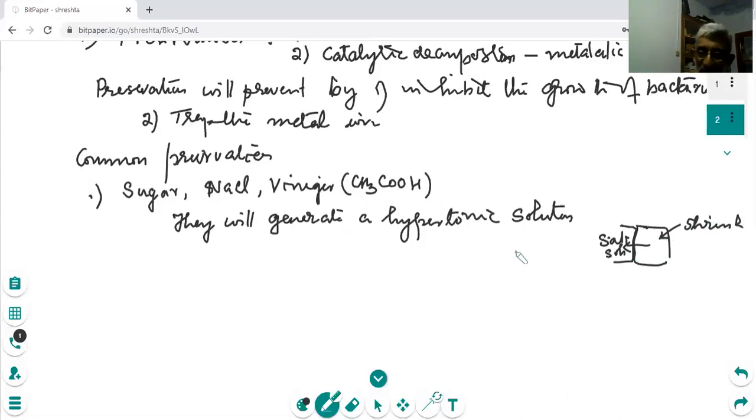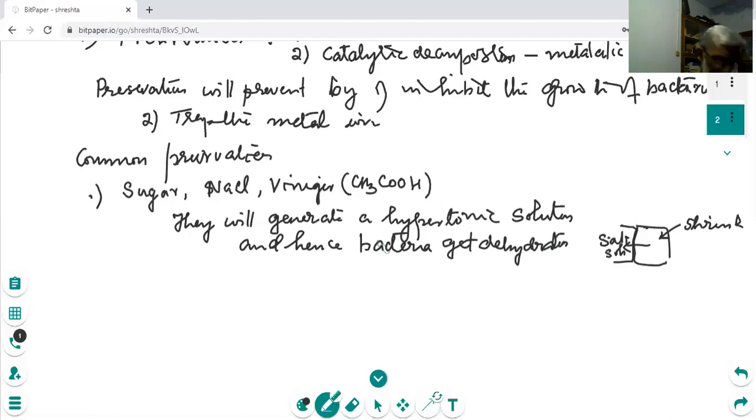So that is a role. And that will get destroyed. It will be dehydrated. And hence bacteria get dehydrated. So that is the action by which it is working.